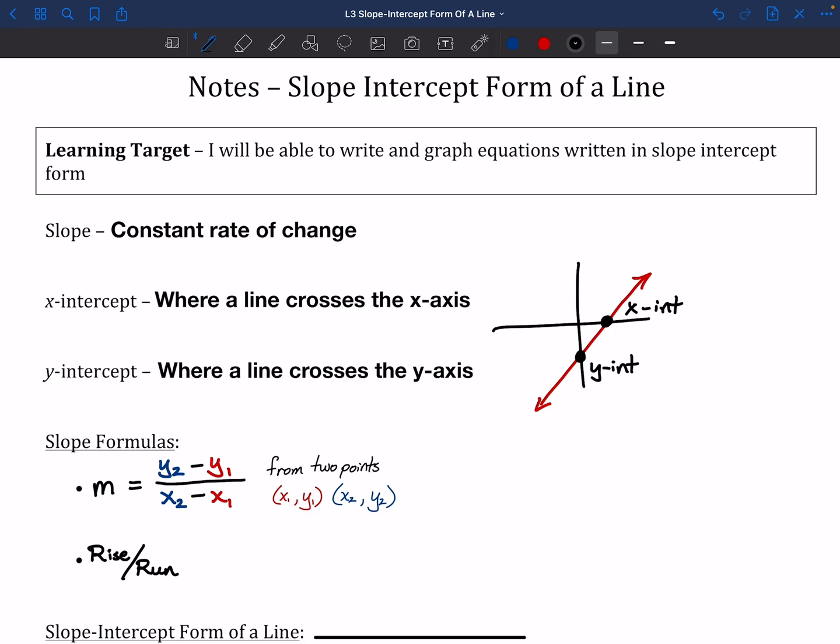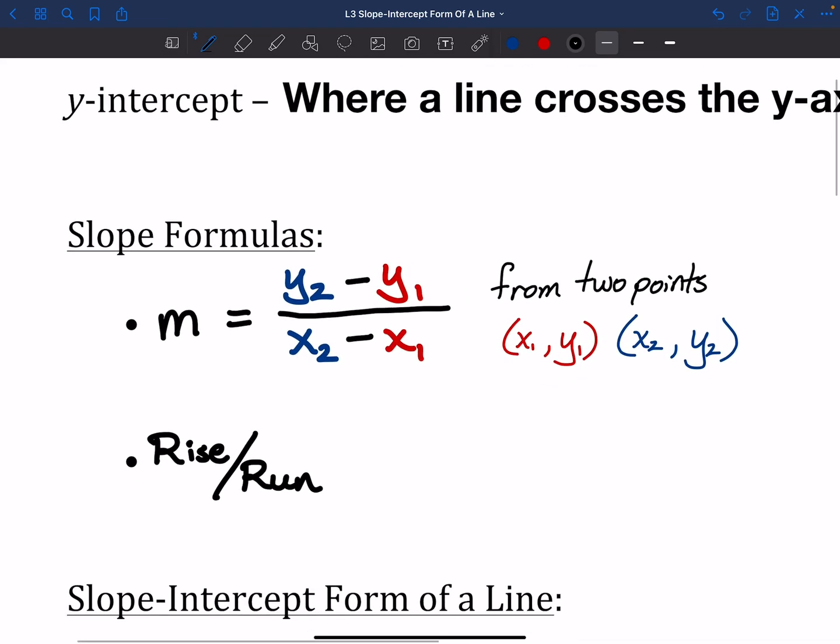We also have these two slope formulas. By two slope formulas, I mean that there's one that's an actual formula and one that's a little less formal. The first one, m equals y2 minus y1 over x2 minus x1, is something we have learned about already. We take the coordinates of two different points, x1, y1 and x2, y2, and use this formula to calculate the slope, and we use m to represent that.